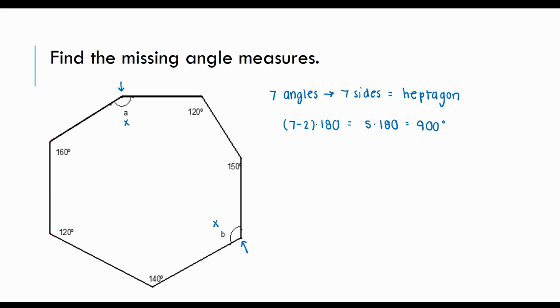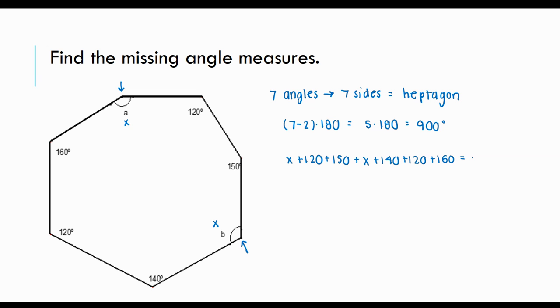So once I understand that information, now that I have the measures of all of those angles besides what I call X, let's add them up and set it equal to 900. I'm going to start at A again, and go clockwise. So we've got X plus 120 plus 150 plus X plus 140 plus 120 plus 160.